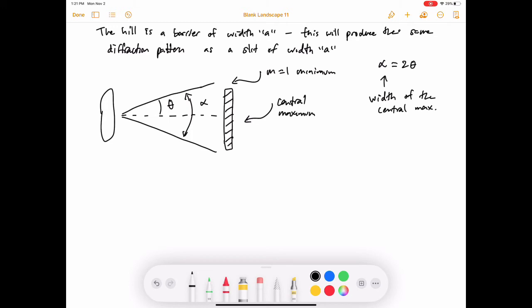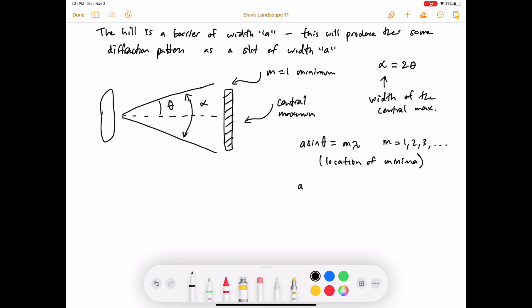So if alpha is very large, it means we have a very wide central maximum. If alpha is small, we have a very narrow central maximum. That's the idea. Okay, well, remember that A sine theta is equal to m times lambda, for m equals 1, 2, 3, and so on. This is the location of the minima, if you remember.